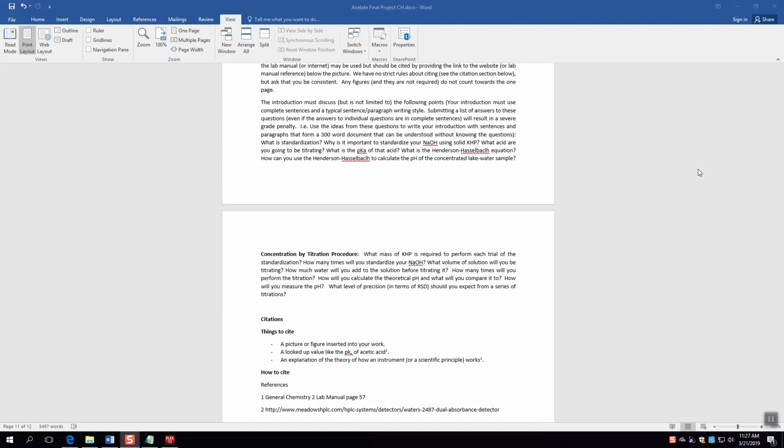Note that for the standardization, you're using a clear solution, so the indicator will turn pink when the titration is over. However, the metal acetates are colored to begin with, right? So it may not turn pink, but there should be a clear color change from our testing that you will see. It'll depend on the initial color that you start with. So then you're going to do 3 titrations, and that will give you the concentration of the acetic acid.